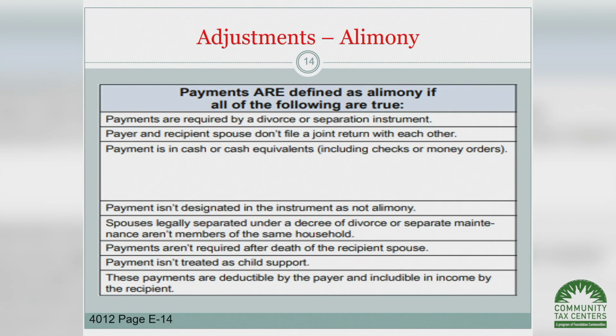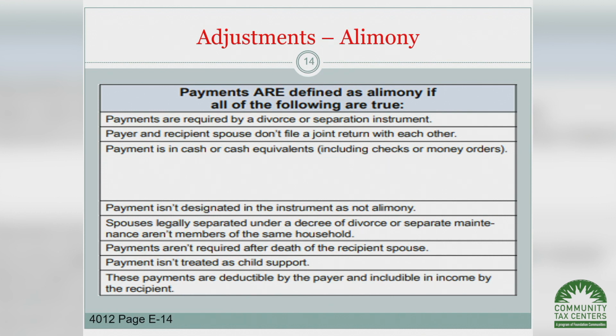We just talked about alimony to a small degree, the fact that it is an adjustment and you do have to get the Social Security number of the person the alimony was paid to in order for it to be an adjustment. And here again, although these are carried to the schedule, you don't really have to worry about that. TaxSlayer is going to automatically populate the appropriate form.